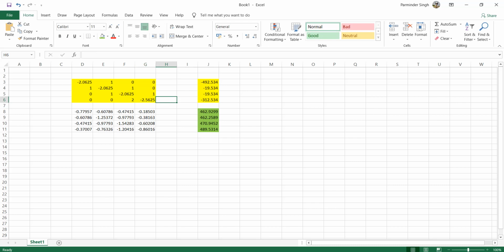Now we change these values, 0.0625, 0.0625, 0.0625, and we have minus 0.4375. So these are the values which we have. Clear? So it's quite easy, just change the parameters in Excel and get the result.